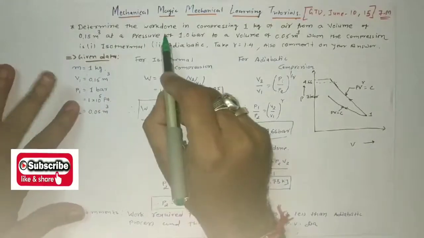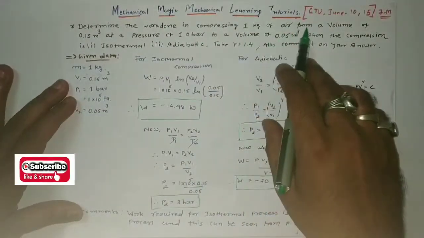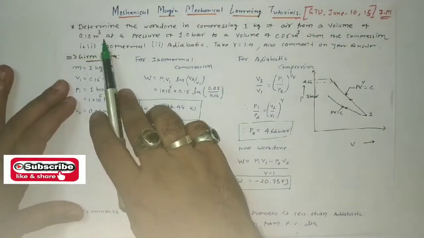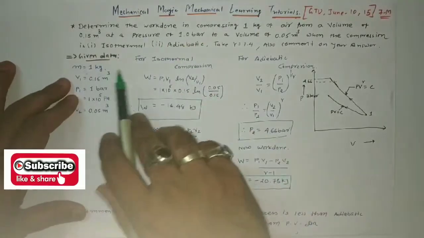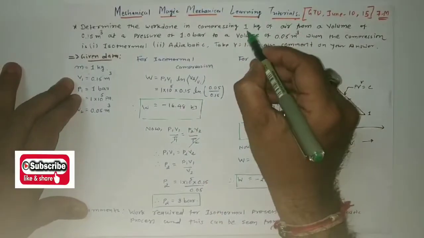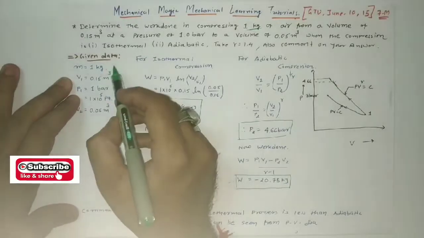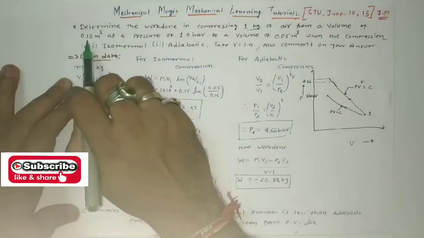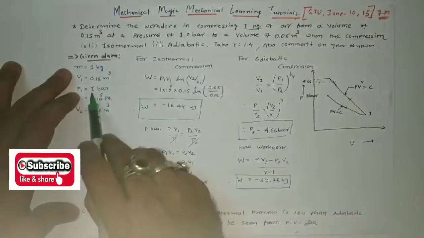determine the work done in compressing of 1 kg of air from a volume of 0.15 meter cube at pressure of 1 bar. So here the mass will be given to us, and that will be m is equal to 1 kg of air, and volume, that means V1, 0.15 meter cube at a pressure, that means P1, 1 bar.